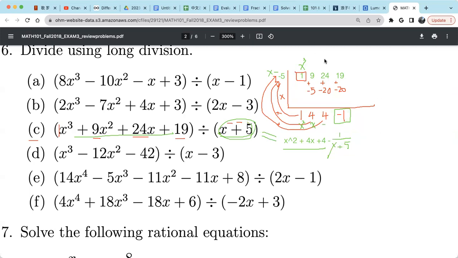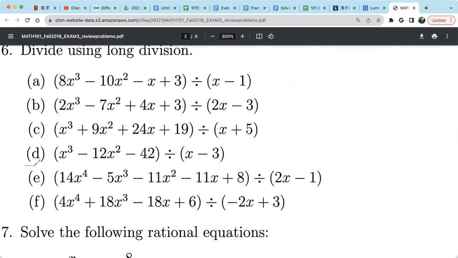Okay, let's do D. We do the same thing, but we see this one doesn't have an x term, right? That means 0 times x, so 0x. So the same thing, we're going to make this sign.